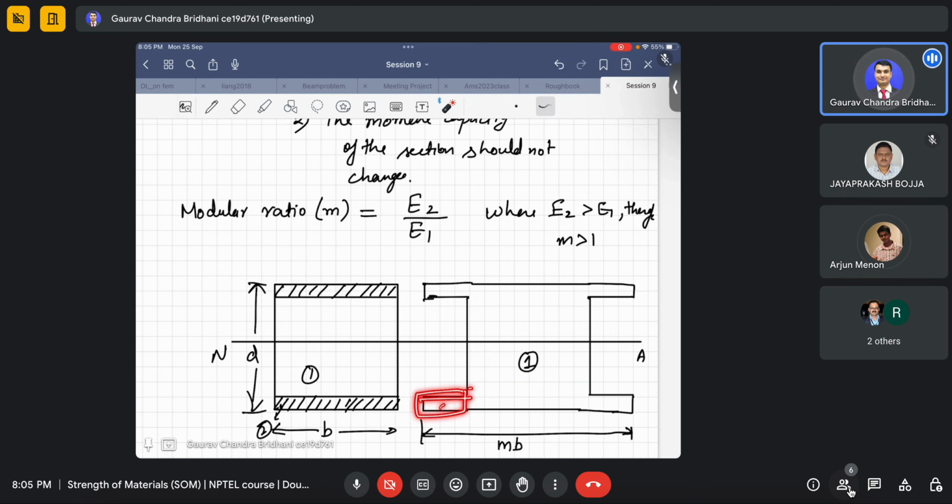So you know the width, you know the depth cube by 12, twice of that, you subtract from that and you will find the total IZZ of the section. Or you can use the parallel axis theorem. You first find it about this axis, then transform it to this axis, and for this portion you can easily find that also.